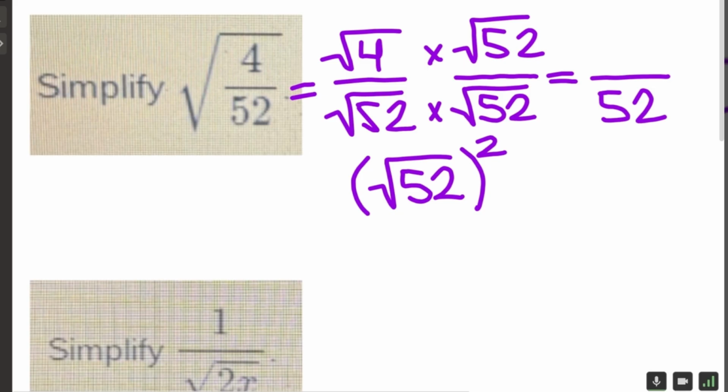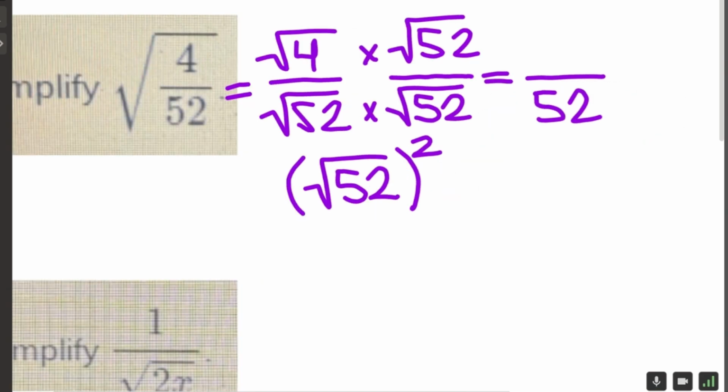So anytime we square a radical, or if it's a cubic root, we cube it, it's going to be whatever number is underneath the radical. So now there is no radical in the denominator, and we can move forward.